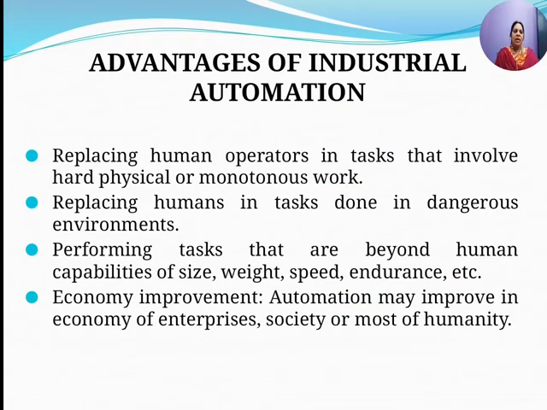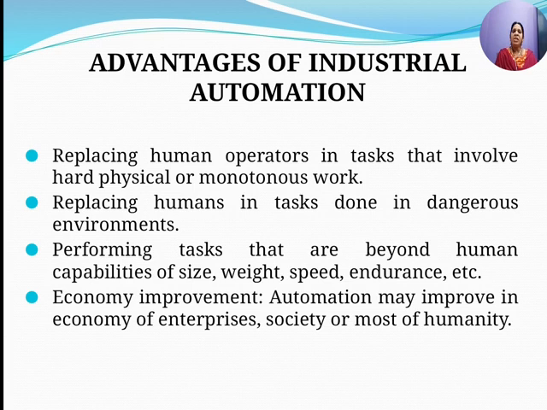Then coming to the advantages of industrial automation, they are replacing human operators in tasks that involve hard physical or monotonous work. They are also replacing humans in tasks done in dangerous environments, like in blast furnaces or in high temperature areas where human operators cannot be used.